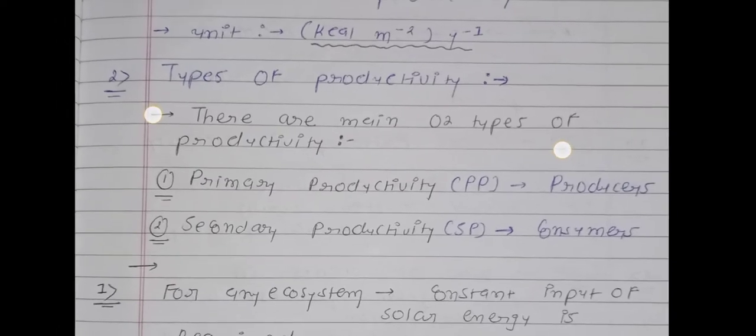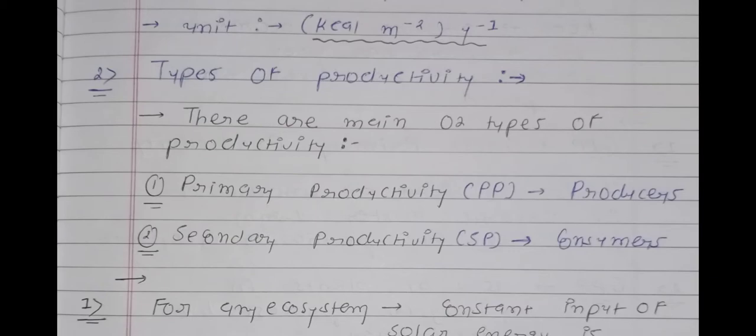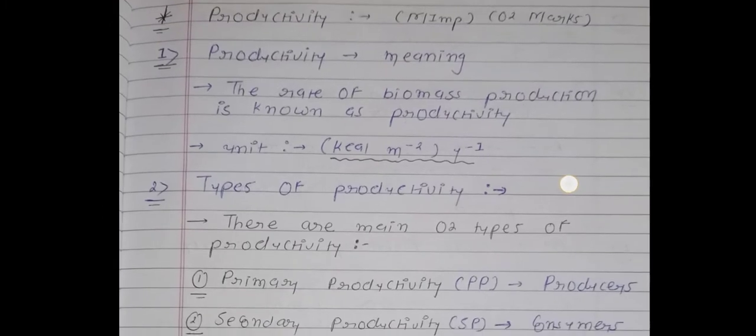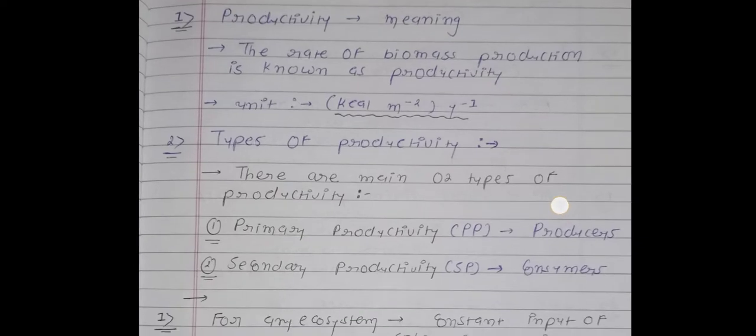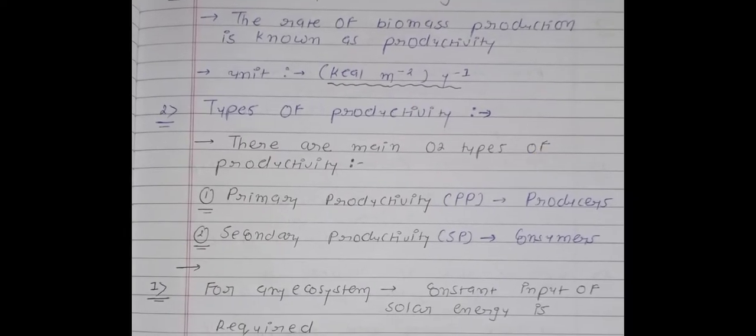So you will remember how many types of productivity are there? There are 2 main types: primary, which is connected with producers, and secondary, which is connected with consumers. So 2 points are completed. In the first point, definition is important, unit is important. In the second point, types are there.